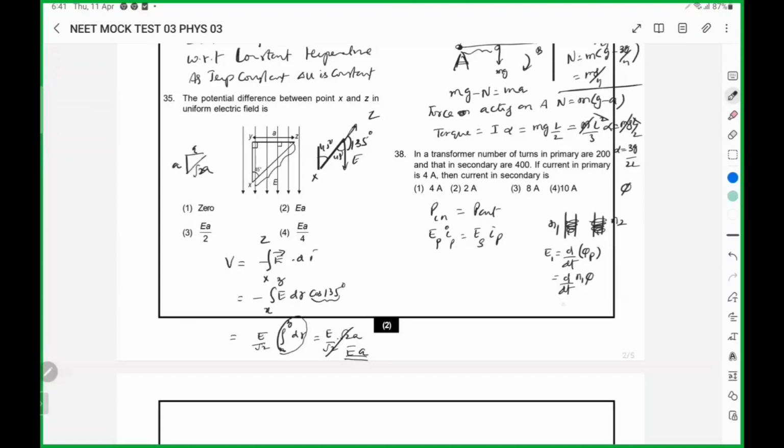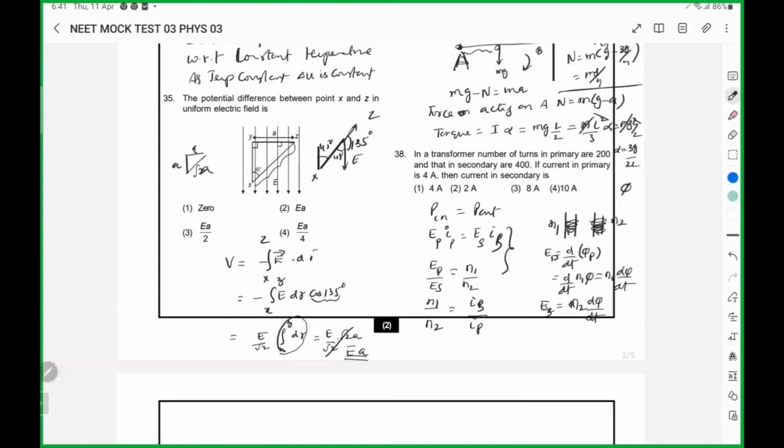In N1 turns, this will be N1 dphi by dt. Similarly, if the secondary coil contains N2 turns, it is N2 dphi by dt. So E primary by E secondary is N1 by N2. So from these two relations, N1 by N2 is EP by ES, which is IS by IP.